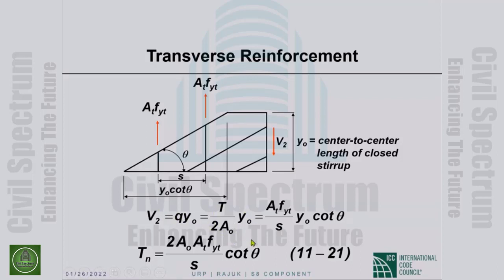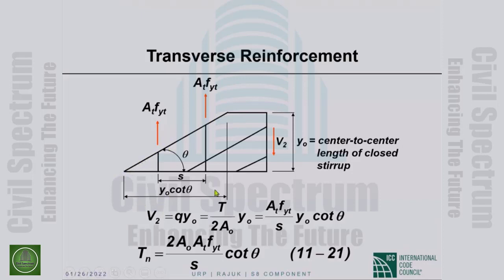Now, Y0 cotangent theta divided by S is, as I mentioned, the number of closed transverse reinforcement crossed by the inclined crack.